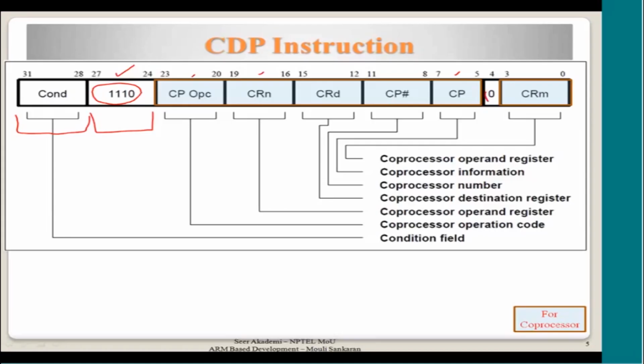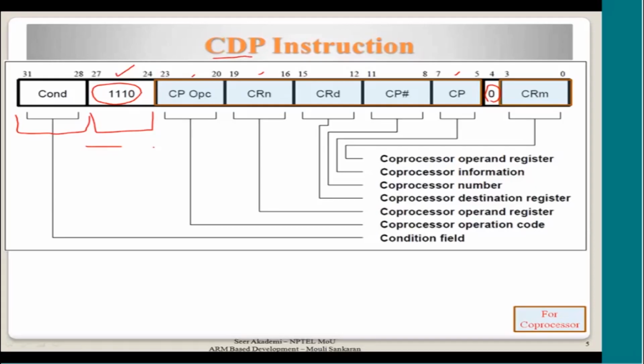And then this is another unique bit pattern which differentiates between the CDP instruction, the data processing instruction, and the register transfer instruction, which I will show at the end. So based on this bit pattern, it decides that this particular instruction is a coprocessor instruction.